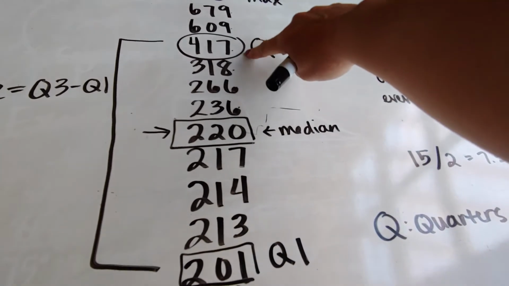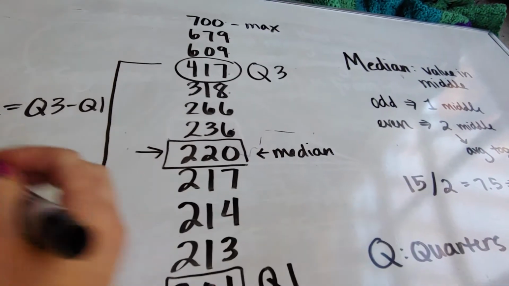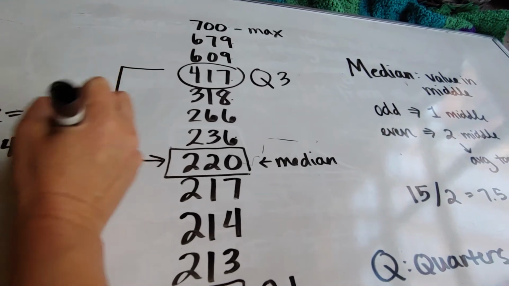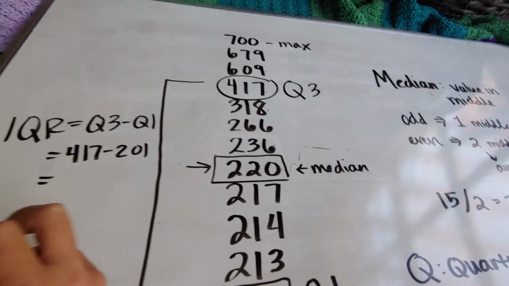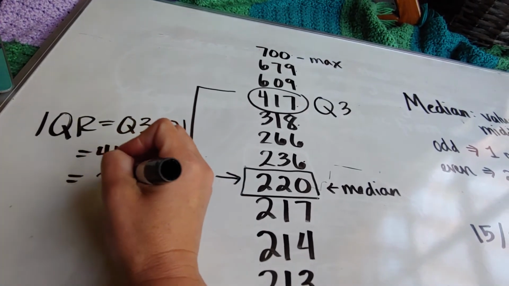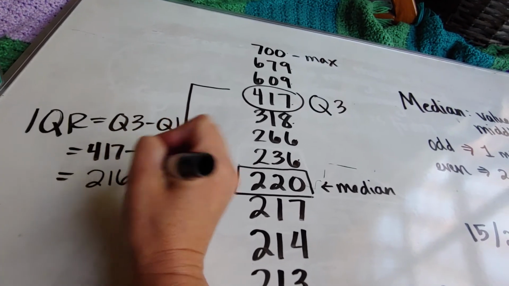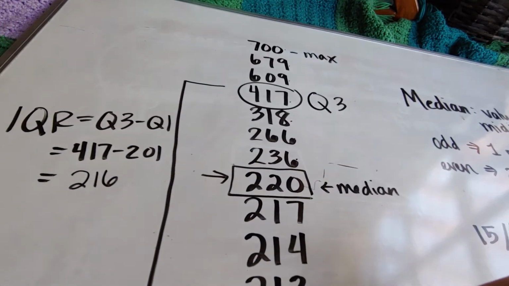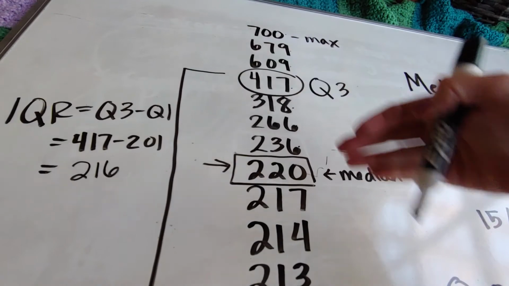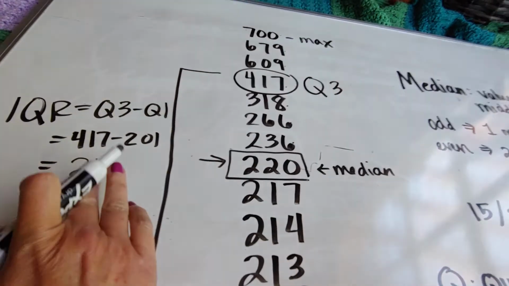So I would take 417 and I'm going to subtract 201. So what this is saying is that the middle of my data is happening among a spread of 216 data points. So the middle of my data is falling between 201 and 417, which is a distance of 216.